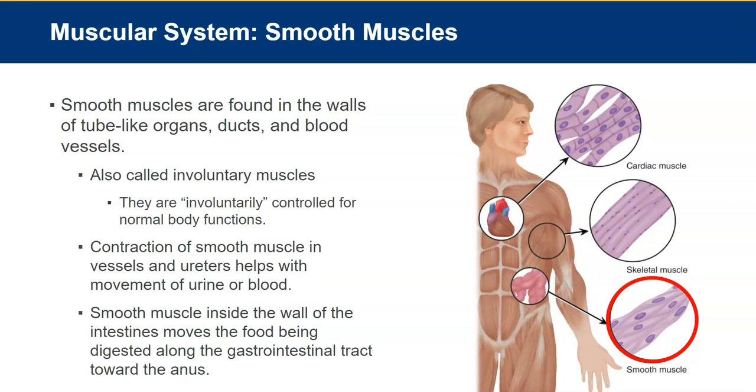Moving to smooth muscles, we find those principally in those involuntary areas of movement. So organs of the digestive tract are a good example. And when they contract, they can help to squeeze and move either food or waste products, for example, through the intestines.